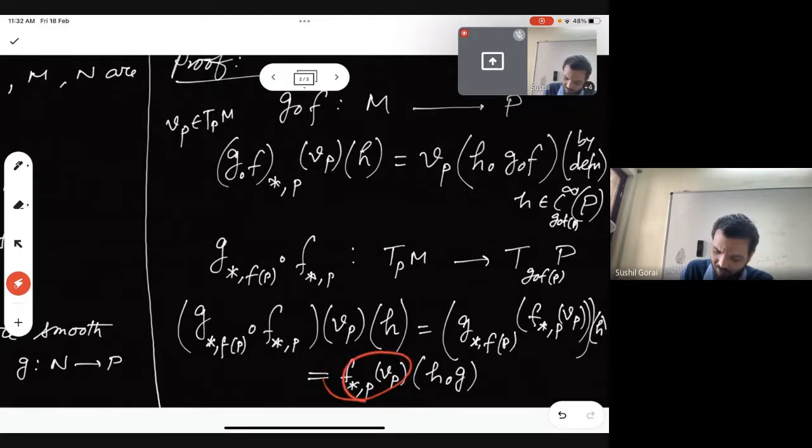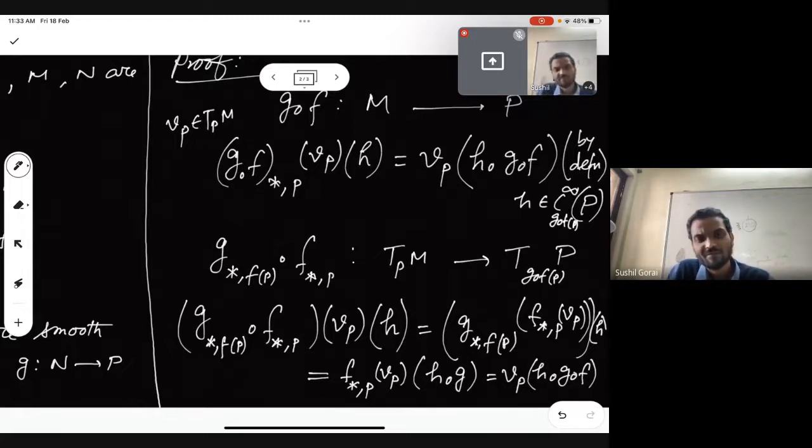This is a derivation on N, so it should be acting on functions defined on N. Now this is equal to V_P acting on H compose G compose F, right? So these two are equal, right? Simple. So once we define these things, they are simple. All right. So this gives you the chain rule.